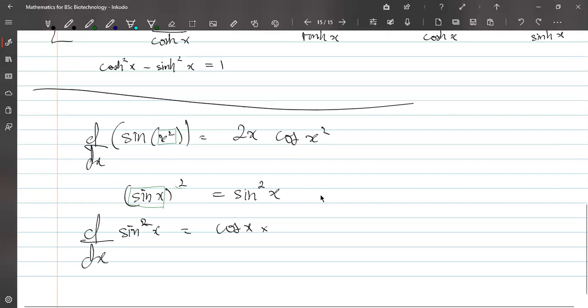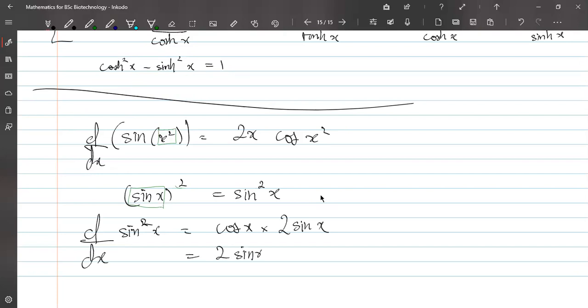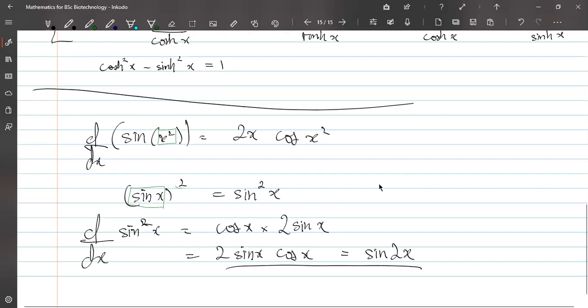What is the derivative of y square? 2y with respect to y, right? So 2y means 2 into that box, that is 2 sine x. So this is cos x times 2 sine x, that is 2 sine x cos x, which is in fact sine 2x. Both of these are correct, just a different way of writing. So the derivative of sine square x is sine 2x.